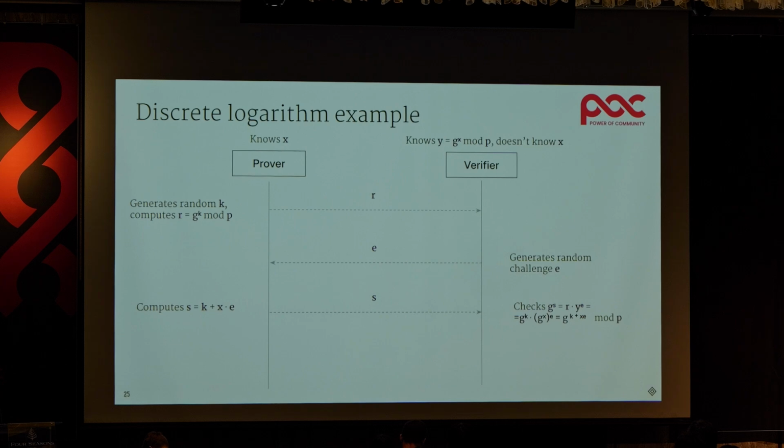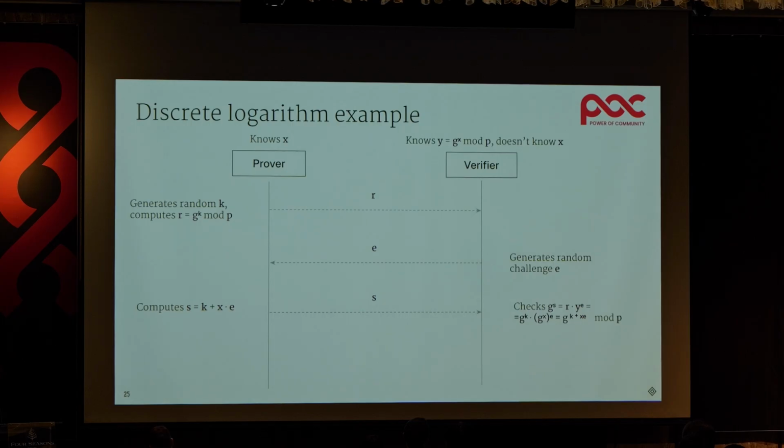We pick another random number and exponentiate this with the same generator. We send it to the verifier. The verifier gives us a random challenge, which is in this field, and we compute a combination of our randomness that we've generated initially and our secret, which is x multiplied by the challenge given by the verifier.